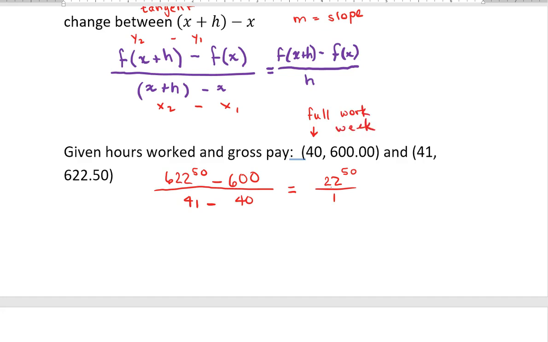Okay? 41, now you're starting to work more than a full work week. So they start having to take a look at convincing you to do this. All right? And one of the ways they do that is with overtime. So here, instead of having our $15 per hour, which is what this would be, you're going to wind up having more money.